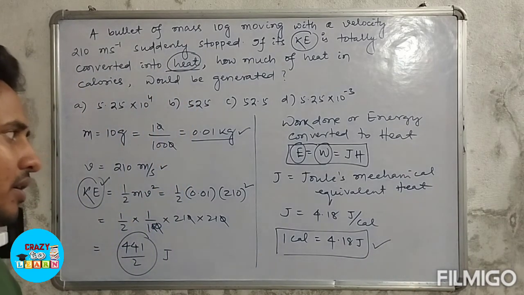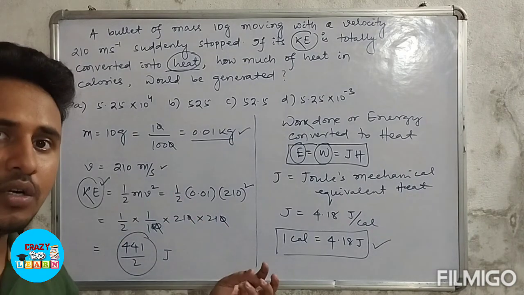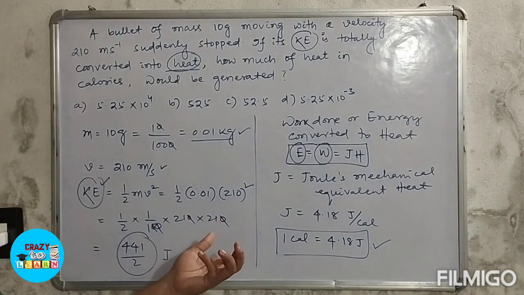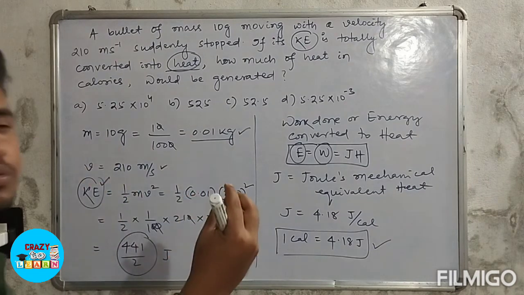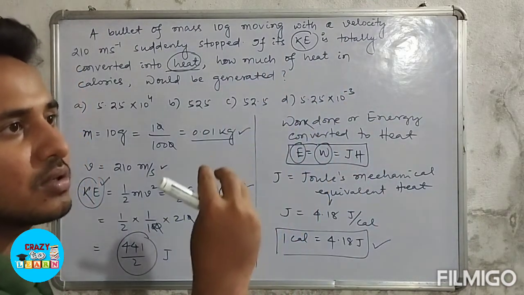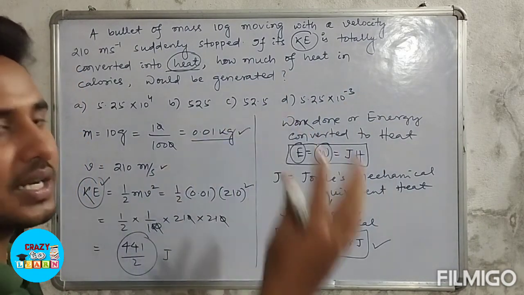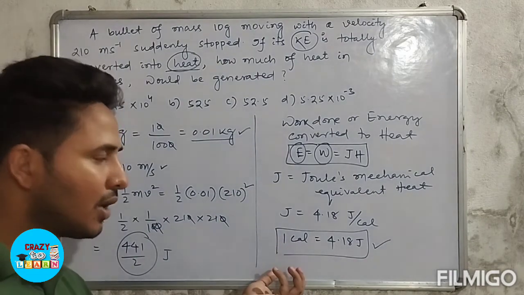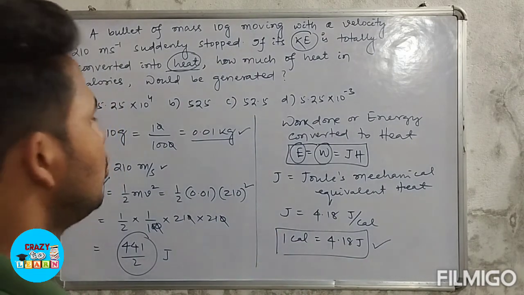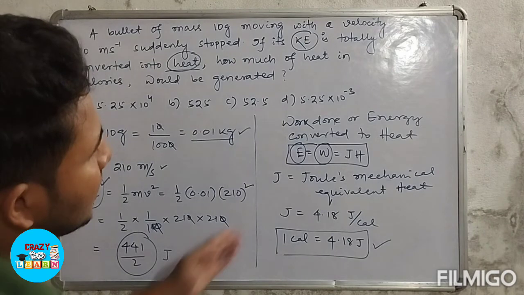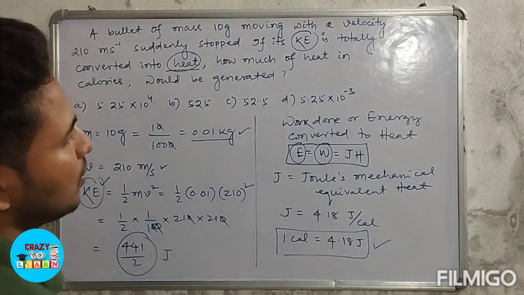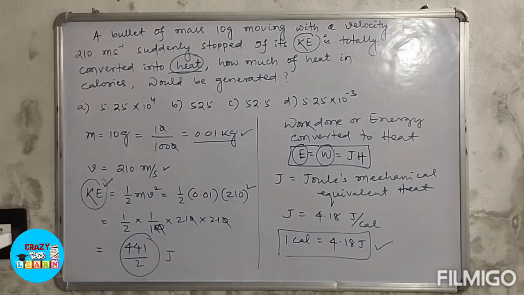The amount of heat required to raise the temperature of 1 gram of substance by 1 degree Celsius is called 1 calorie, and it is equal to 4.18 joule. Okay, 1 calorie is equal to 4.18 joule. So here the J constant is equal to 4.18 joule per calorie. Clear?